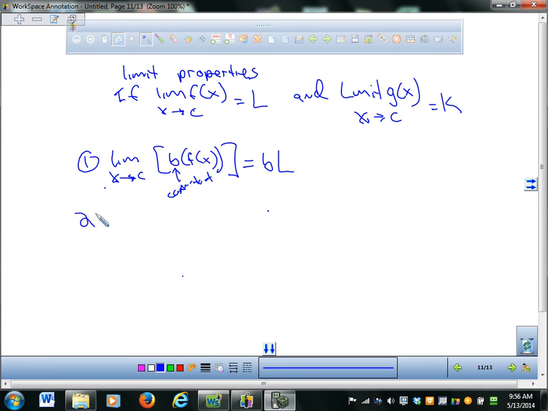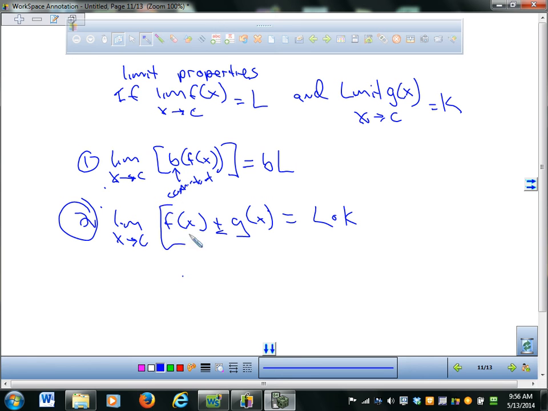The other thing, number 2: the limit as x goes to c of f of x plus or minus g of x is just equal to L plus or minus k.